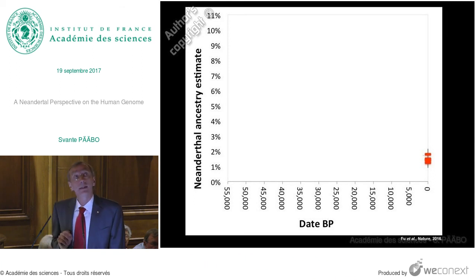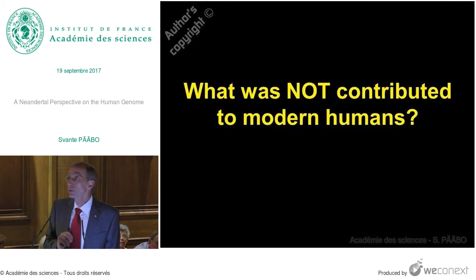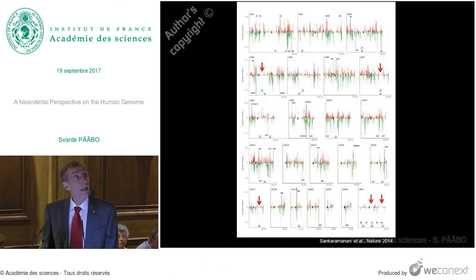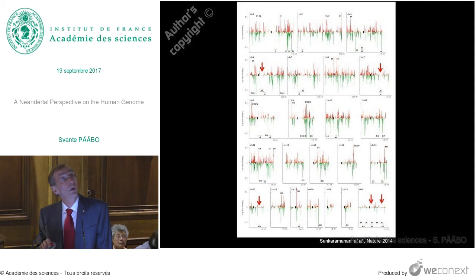And before ending then, I wanted to bring up one more thing, and that is the question, what was not contributed by Neanderthals to present-day people, or by Denisovans. So you can now go over the whole genome, chromosome by chromosome here, and mark in red the frequency with which you have contributions from Neanderthals in Europe, and in green where you have it in Asia.